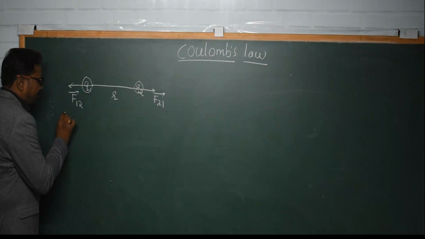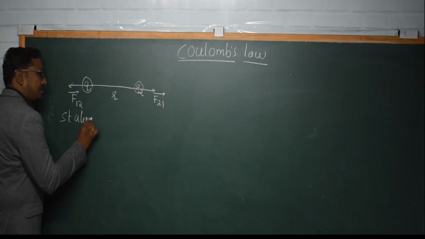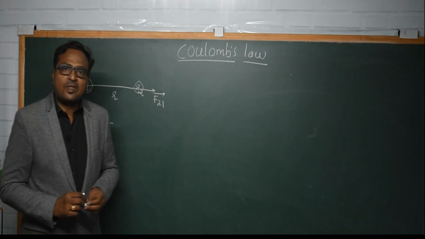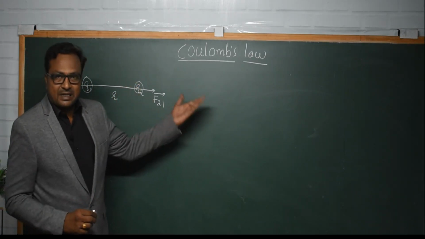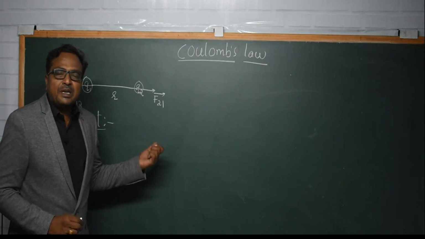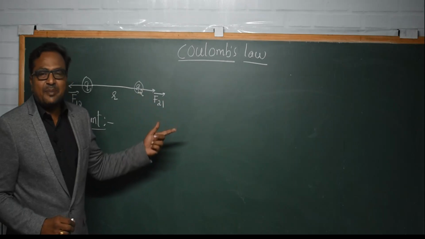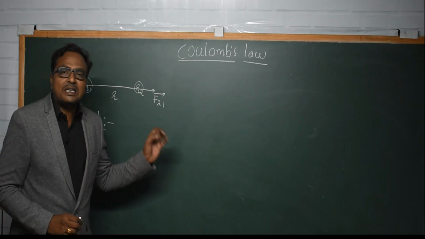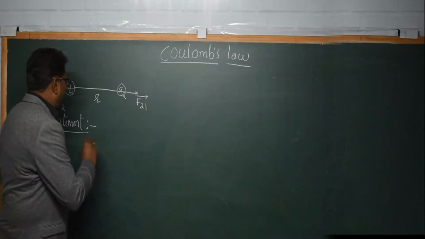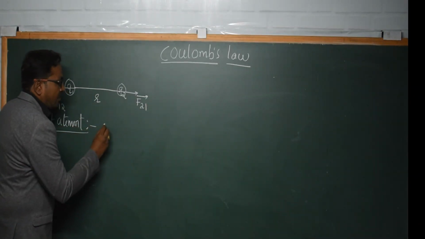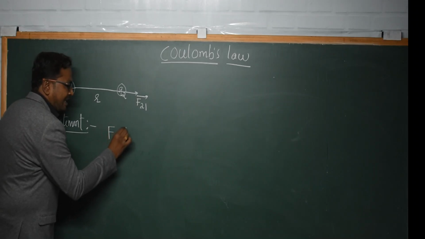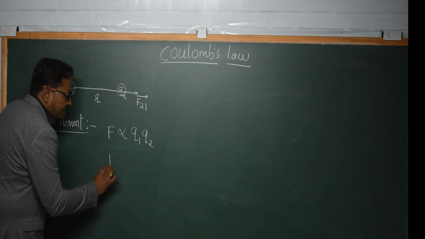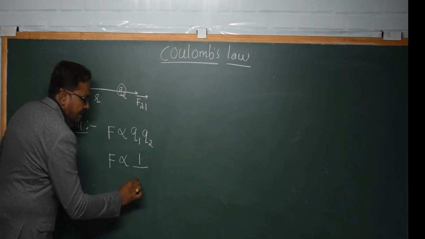So let's start with the statement. The statement says: the electrostatic force of attraction or repulsion between two point charges is directly proportional to the product of the magnitude of the charges and inversely proportional to the square of the distance between them.